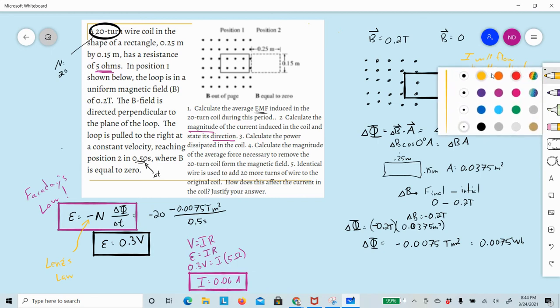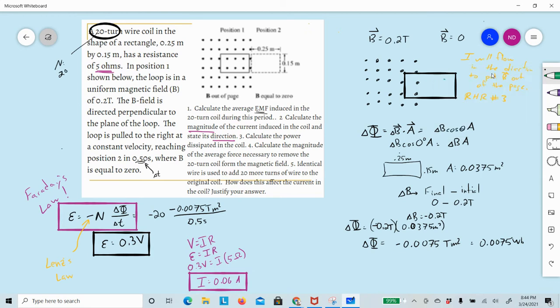Make sure you're using the right hand. Your fingers should be curling this way. So as this thing goes, the current's going to be flowing like so, and that general direction is counterclockwise. So you'll have a current of 0.06 amps in the counterclockwise direction. Thank you, Lenz's law.